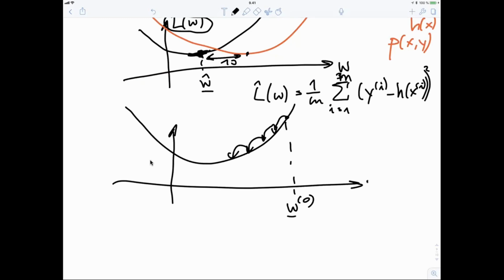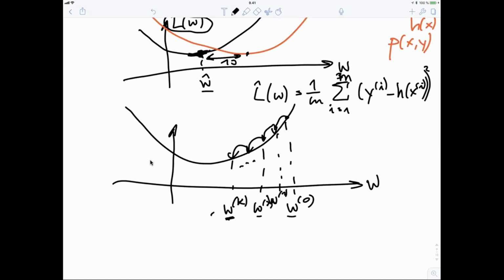And then what we do is we iteratively, we take turns, so to say, we update the current guess to get a better one, W1, and then an even better choice for the model parameters, W2, and so on and so forth. We do this K times, capital K times.